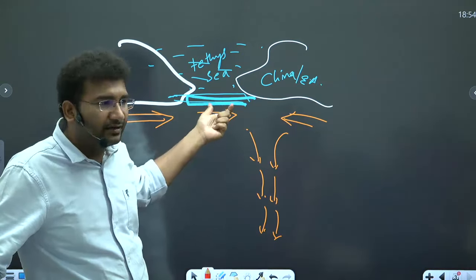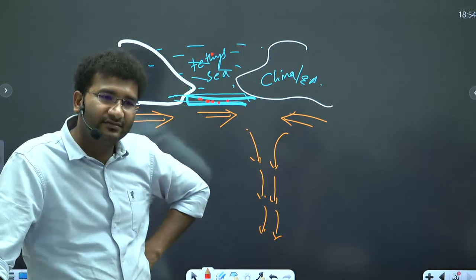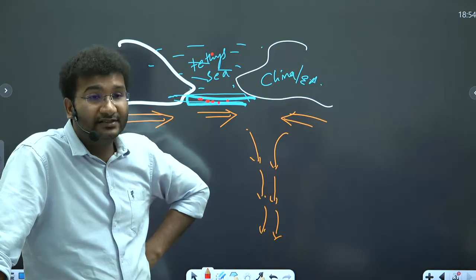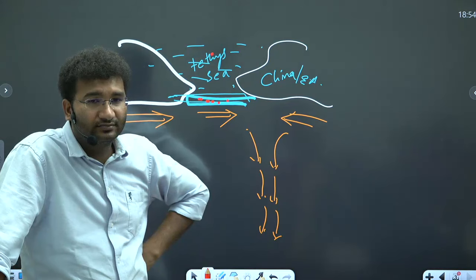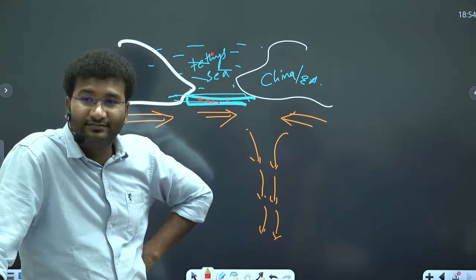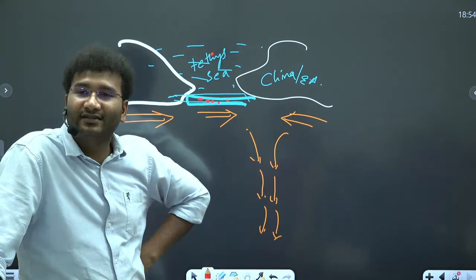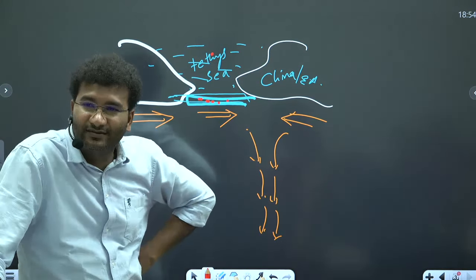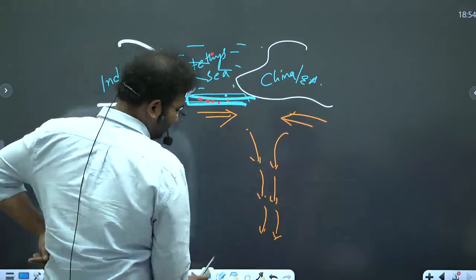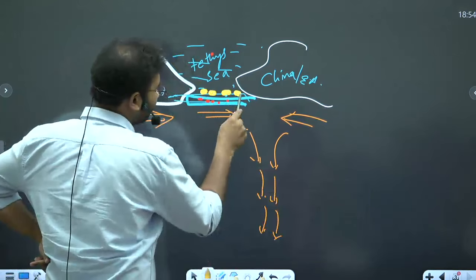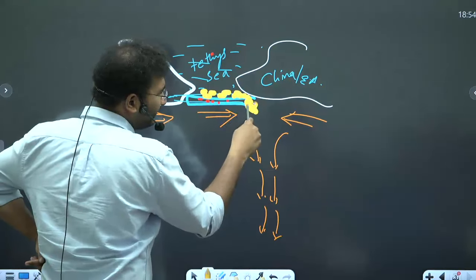Don't you think there could be sediments in the Tethys Sea? Where did those sediments go? Accretionary ridges. Into the mantle. Okay, let's understand that there are some sediments. These are the sediments. Some sediments went into the mantle.